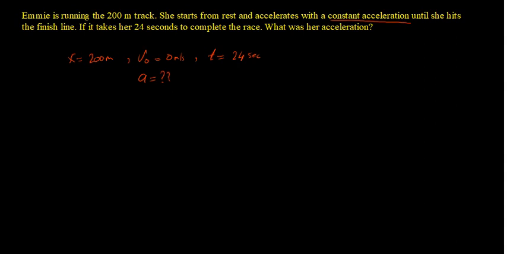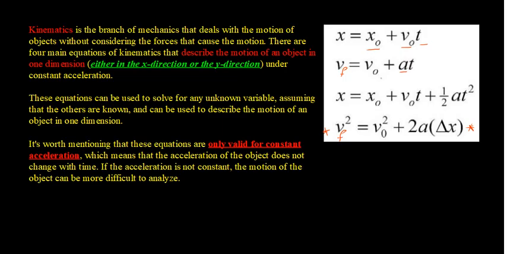Now, if I go back one step and look at my four kinematics equations, I can see that I have the initial velocity, I have how far she ran, and I have the time required for the whole run, keeping in mind that she started from zero, so the reference position is zero. This equation is the best one to help us answer the question.